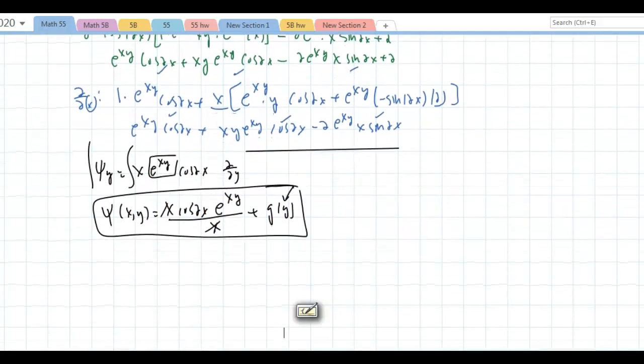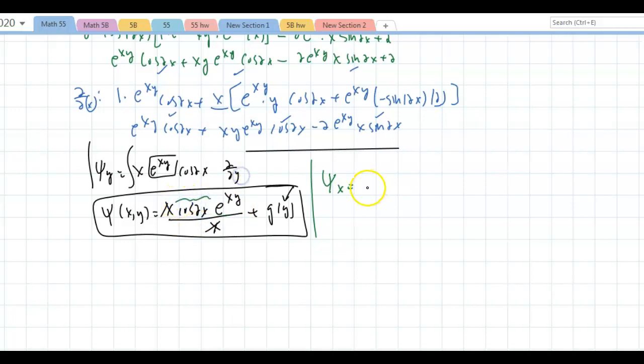If I take the partial of my solution with respect to x, that's the product rule. That would be negative twice the sine of 2x times e to the xy, plus the cosine of 2x times e to the xy with respect to x times y, plus g prime of y.